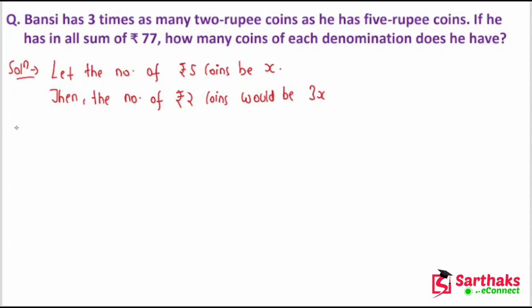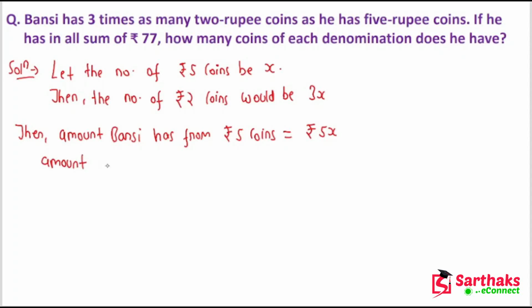The amount Bansi has from 5 rupee coins is equal to, see, if you have one 5 rupee coin, you have 5 rupees. If you have 10 5 rupee coins, you have 5 into 10 rupees. So if you have x 5 rupee coins, you have rupees 5x. So he has 5x rupees from these coins.